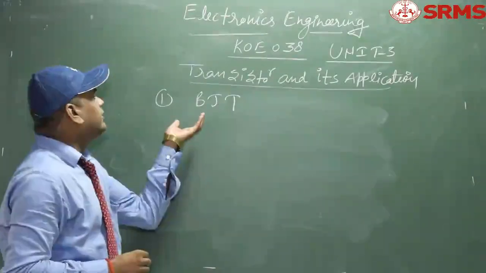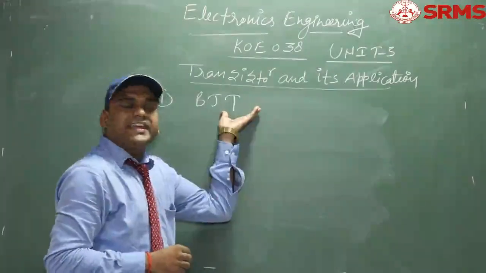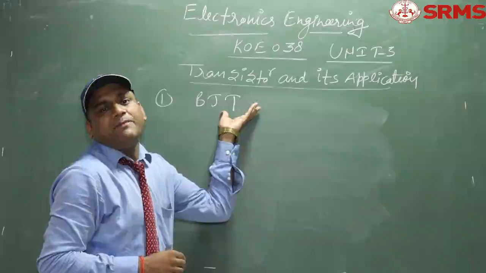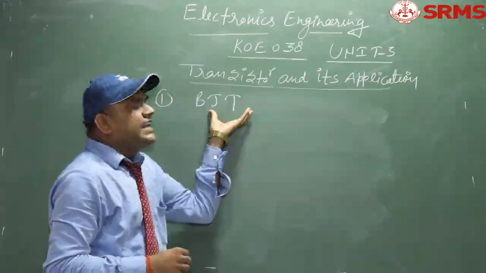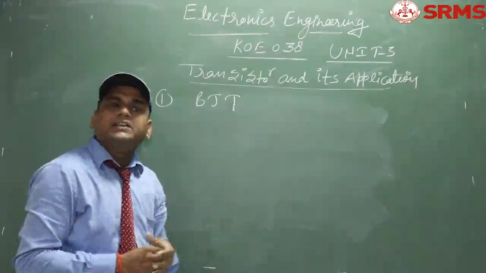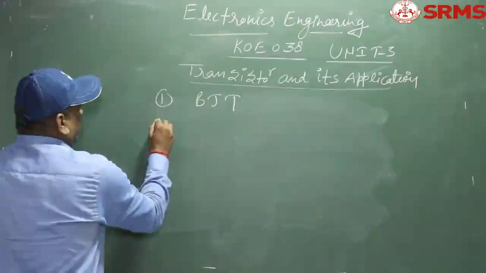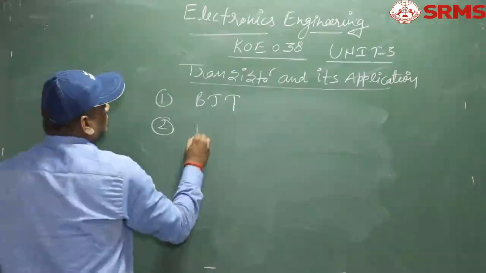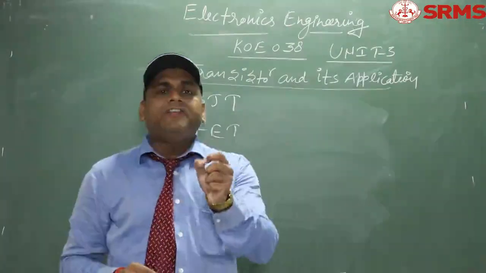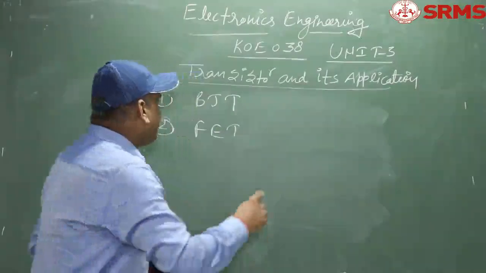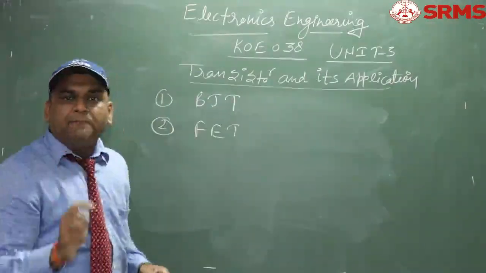We will focus on how the BJT can be fabricated with the help of P-type or N-type semiconductor material. After that, we will discuss the application of BJT, and then we will focus on the different configurations of BJT. After that, we will focus on FET. So as far as this unit is concerned, we will focus on only two topics. The first one is the BJT and related applications.